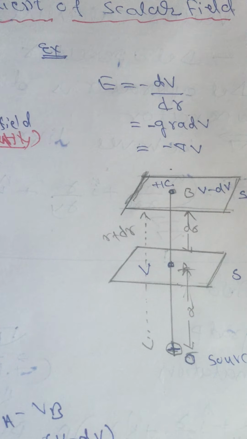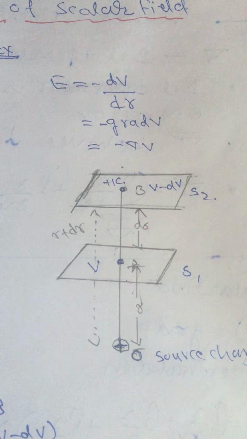You know the relation between electric intensity and electric potential, that is E is equal to minus dV by dr. Here E is the electric intensity, V is the electric potential, and the rate of change of electric potential with respect to distance is dV by dr, and as you know, this is equal to minus gradient of V. Gradient of V, you may write as del V. We will prove it.